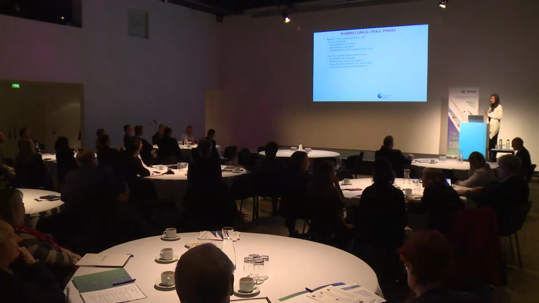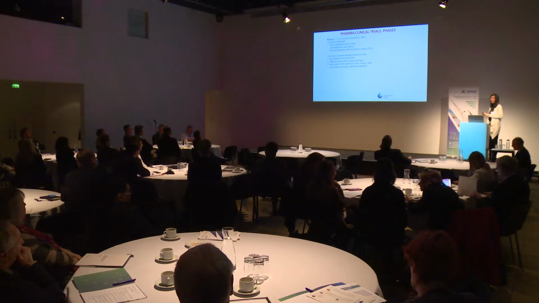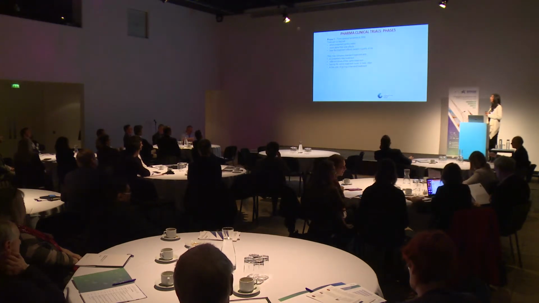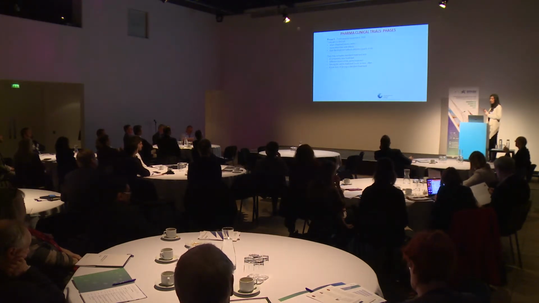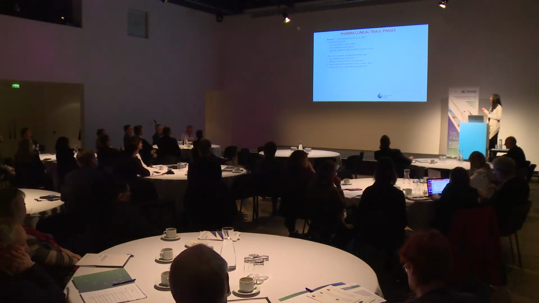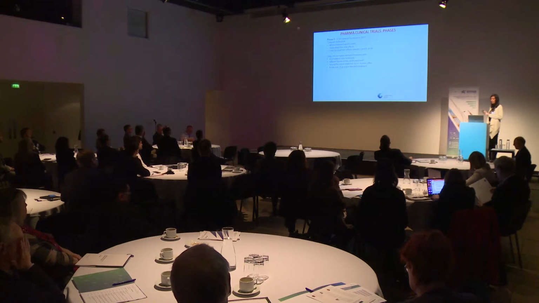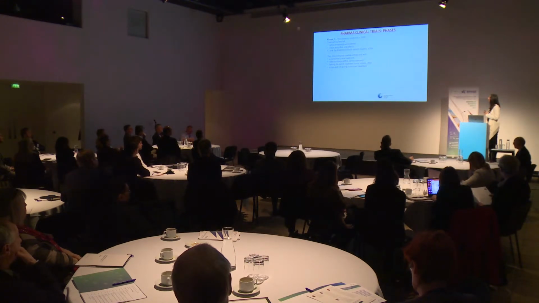Phase 3 goes from several hundred to 3,000 people enrolled, and the trial aims to find out which treatment works better, more about the side effects, and how the treatment affects people's quality of life. The standard treatment could be compared to the experimental treatment, a completely new treatment, different doses of the same treatment, the same treatment given more or less often, or a new way of giving the standard treatment.